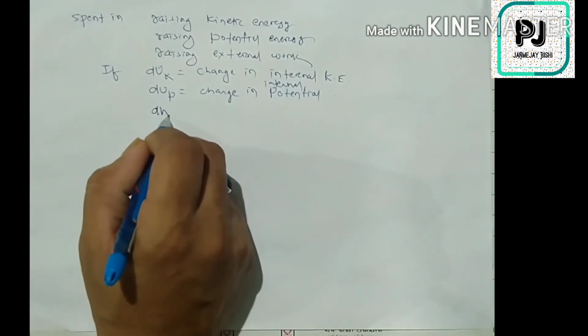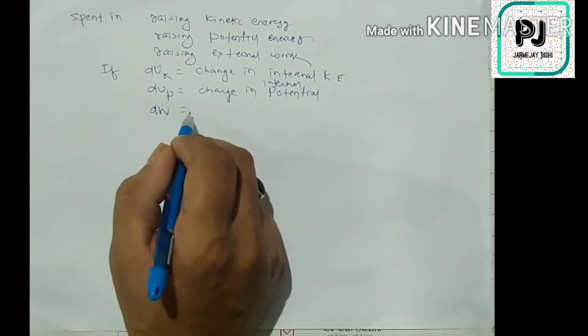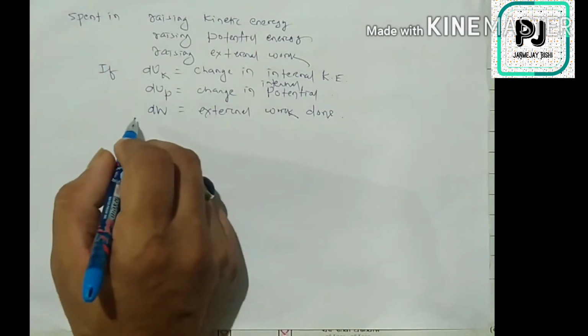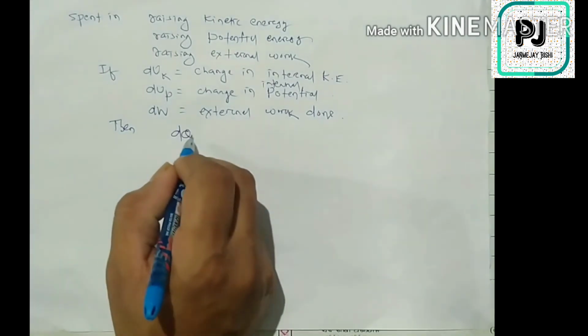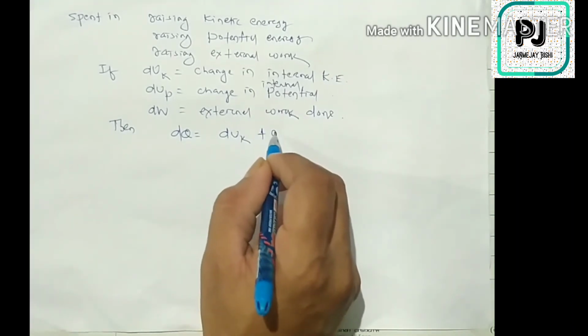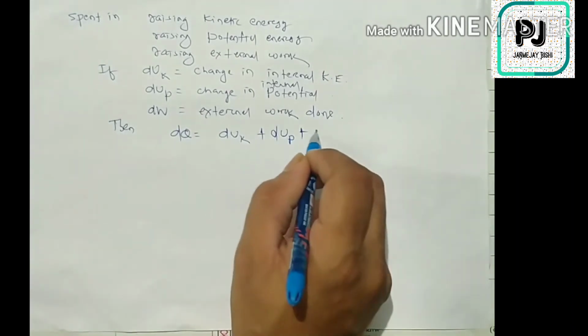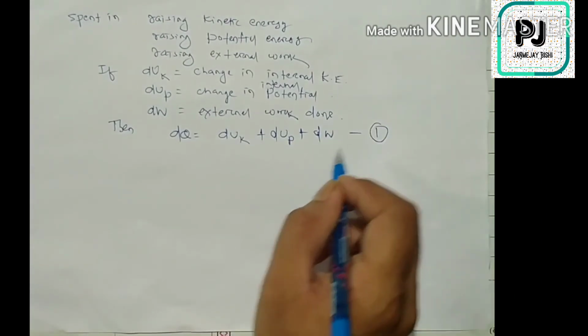Then dW, that is your external work done. Now then dQ is equal to dU_K plus dU_P plus dW. This is the equation number 1.